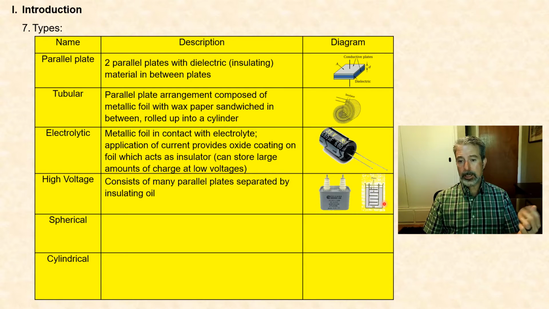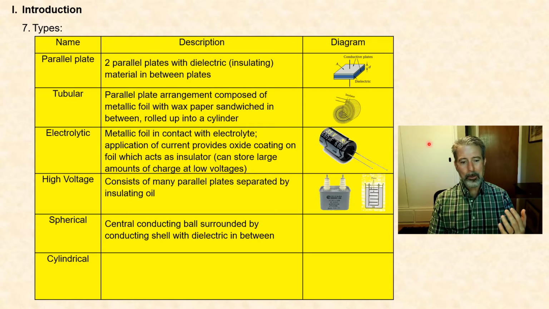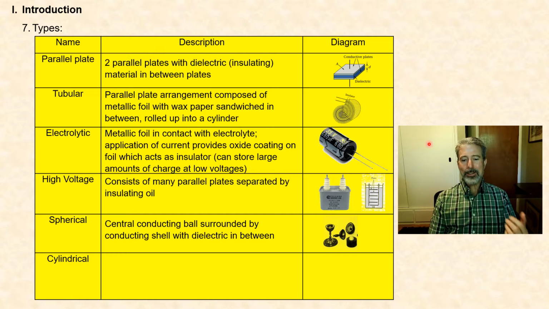Typically, the capacitors we're talking about here, used for electronics equipment, are not suitable for very, very high voltages. Now, these next two capacitors we'll talk about are what I would say are theoretical. The spherical capacitor: a central conducting ball surrounded by a conducting shell, with a dielectric in between.